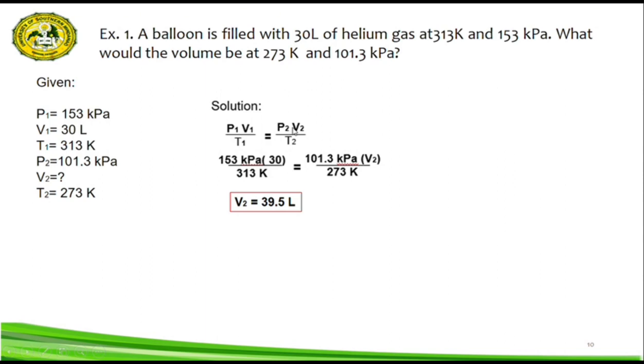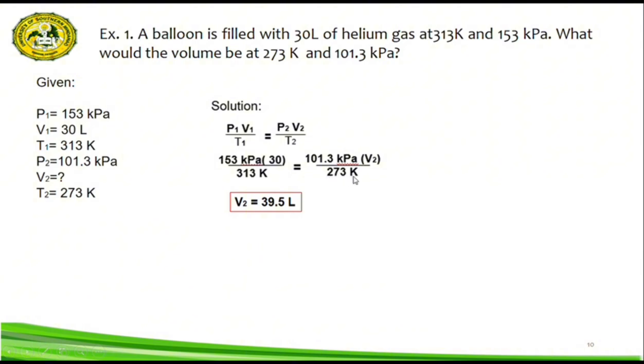In doing so, we follow this equation to solve the problem: P1 times V1 over T1 is equal to P2 times V2 over T2. Plugging in all these values, we have 153 kilopascal multiplied by our initial volume of 30 liters, over 313 Kelvin, is equal to P2, our final pressure, 101.3 kilopascal, multiplied by our final volume over 273 Kelvin.